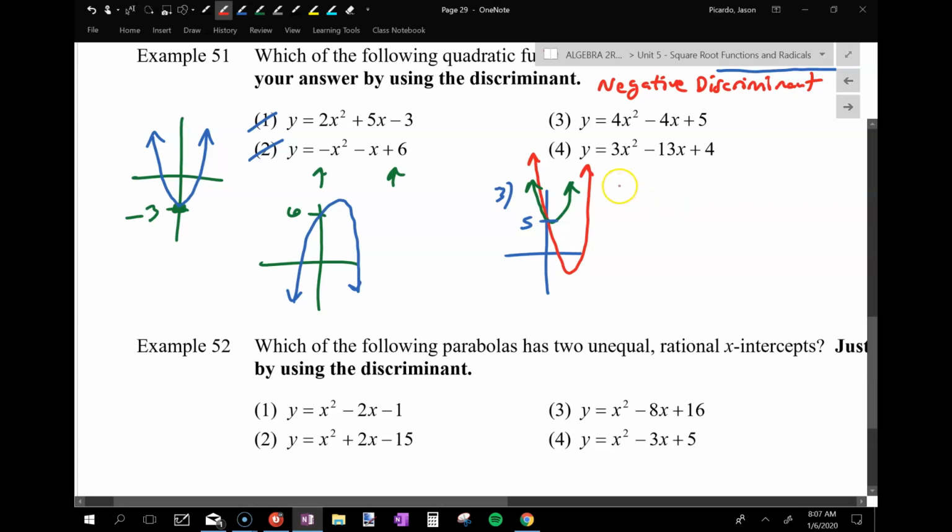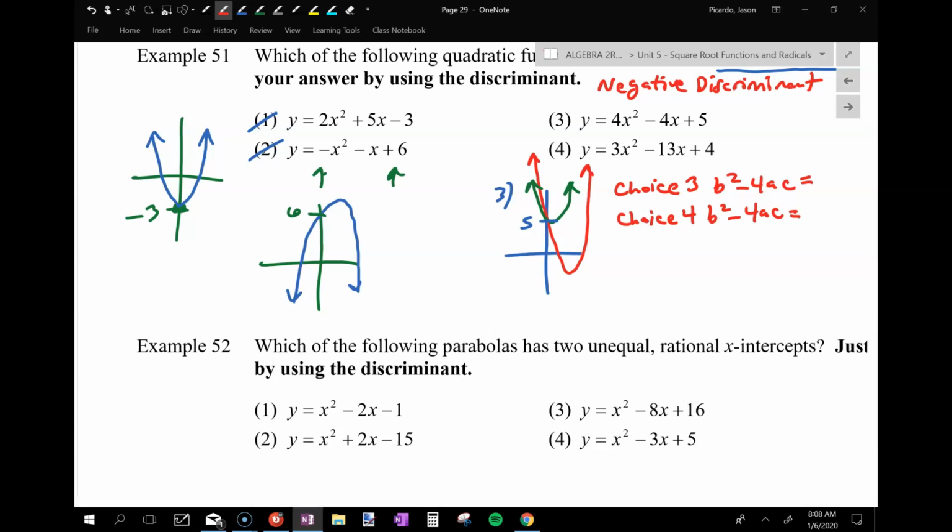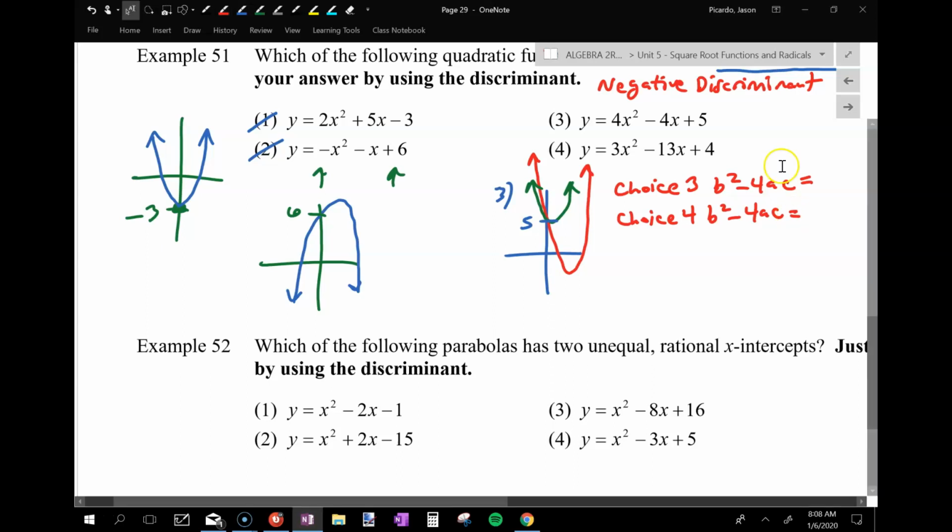And so if I did choice 3 versus choice 4, guys, again, I understand that you could always plug this in the calculator and look at it visually, and that would be the best way to answer this question.